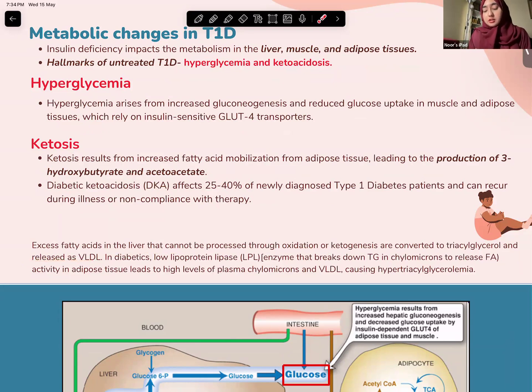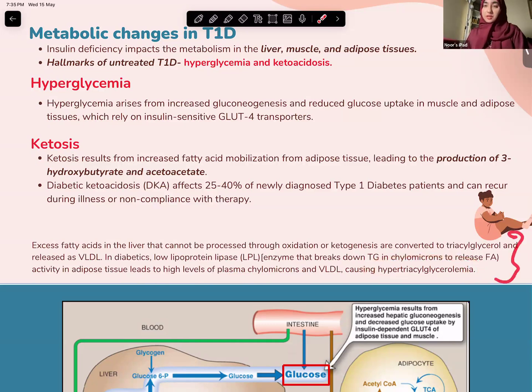In diabetics, low lipoprotein lipase activity in adipose tissue, which is basically an enzyme that breaks down triglycerides in chylomicrons to release fatty acids, leads to high plasma chylomicrons and VLDL, causing hypertriacylglycerolemia. So remember that in type 1 diabetes, one thing that you're also going to see is hypertriacylglycerolemia.